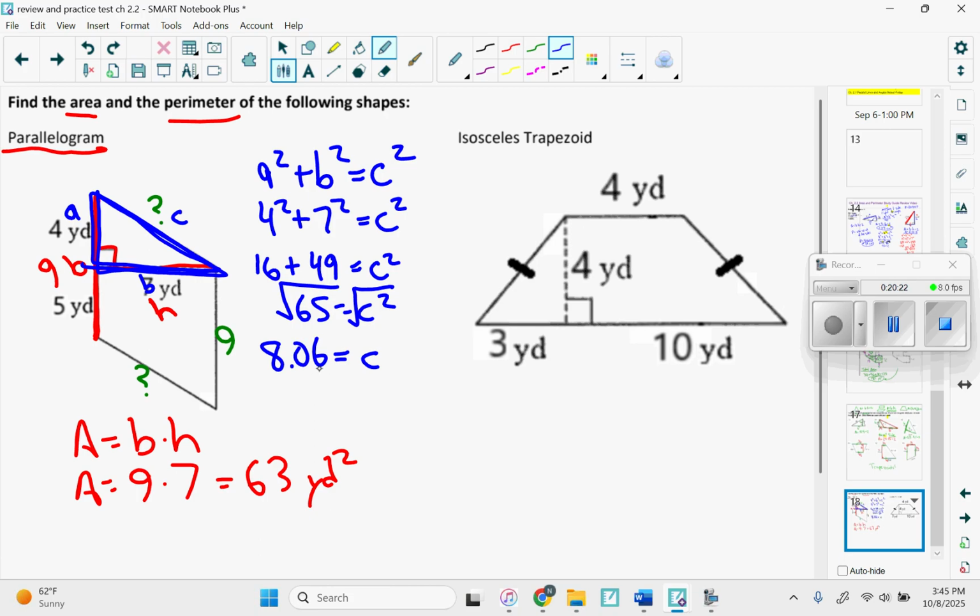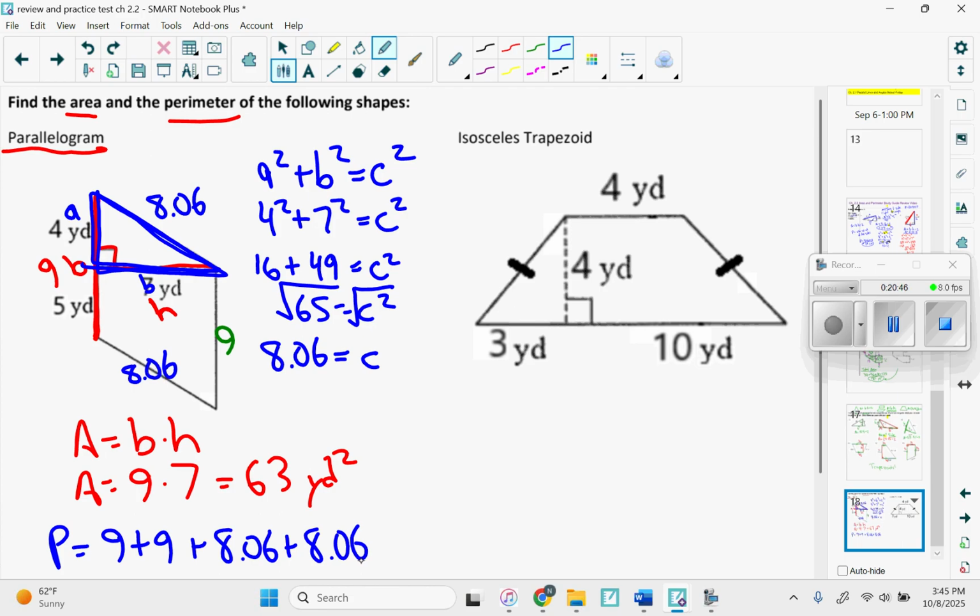So now we know that this is 8.06, and since it's a parallelogram, this side is also 8.06. So when we do perimeter, we're going 9 plus 9 plus 8.06 plus 8.06 to get our answer.